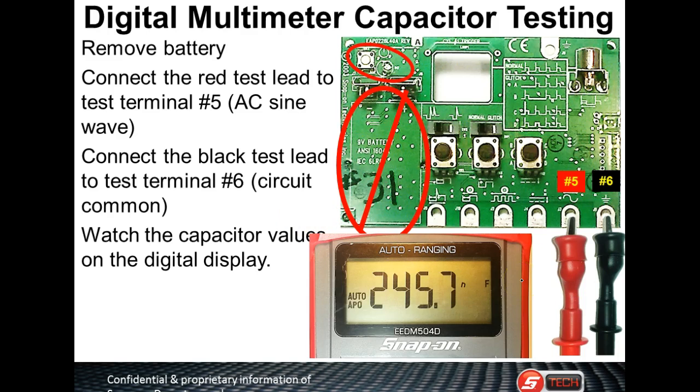And it says, according to this, we're going to measure around 250 nanofarads. This is a little old tiny capacitor. Are we okay? Any questions? This completes the capacitor test. So this meter has a capacitance checker on it. This one does too.